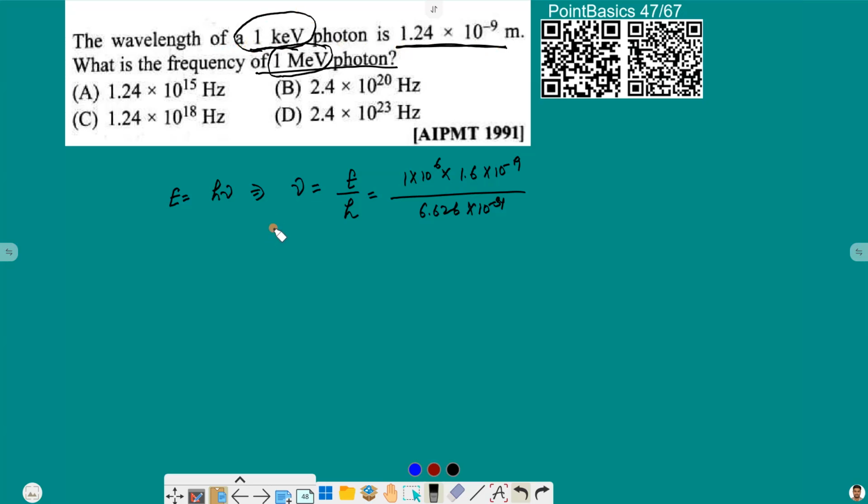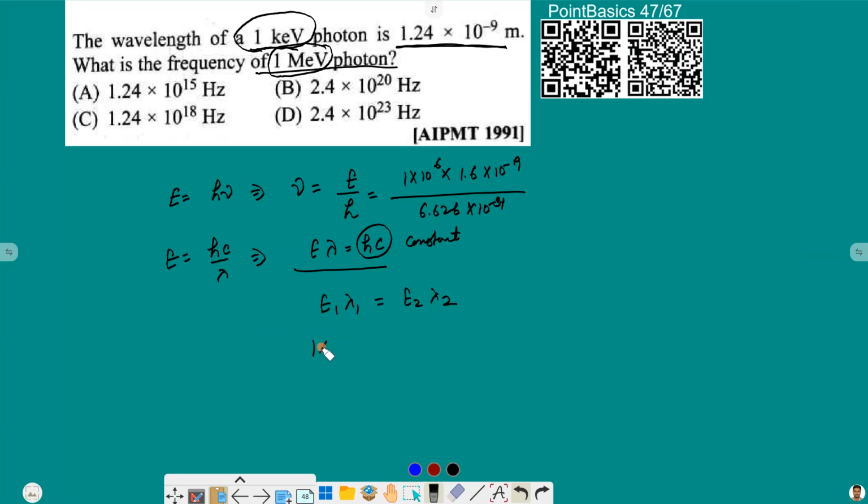what we can do here is, we know that E is equal to h nu, then we can write E is equal to h times c by lambda, since nu is c by lambda. So from this, E into lambda is equal to hc, and hc is basically a constant. So we can write that E1 into lambda 1 is equal to E2 into lambda 2.